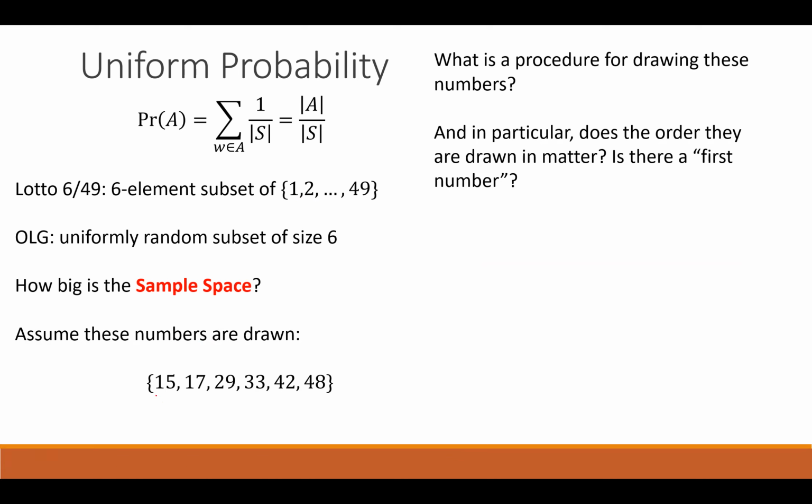Right. So when I drew these numbers, they didn't necessarily come out in that order. I don't really care about the order that they were drawn in. All I care is that these particular numbers came up. You'll notice that we put them in sorted order, right? Just to be sort of organized. They could have come out in any order. I don't care about the order. I just care that the numbers that I chose are the same as these numbers.